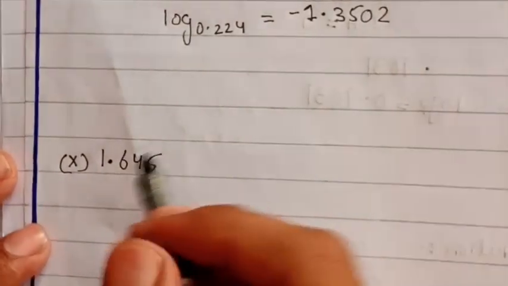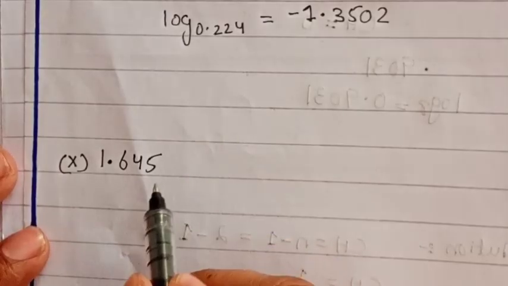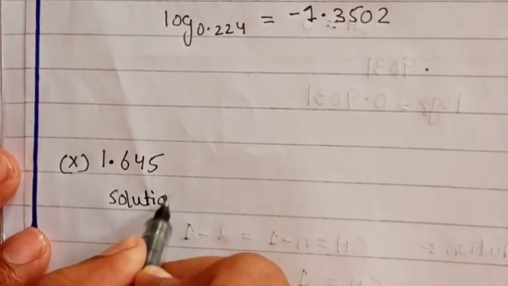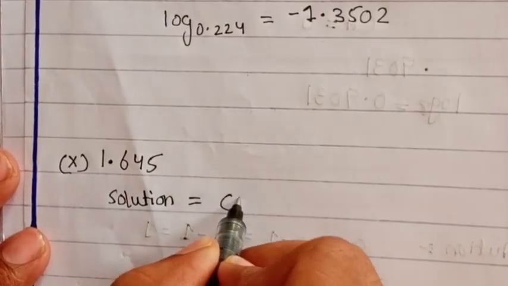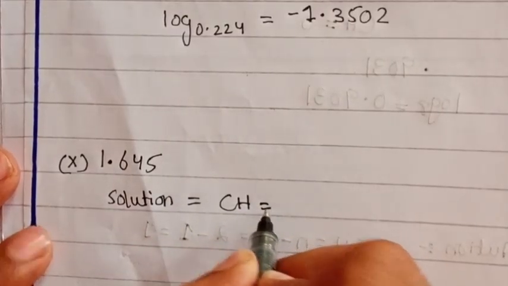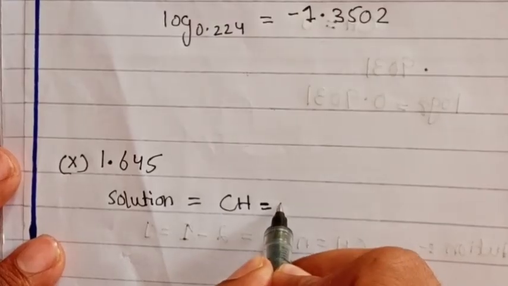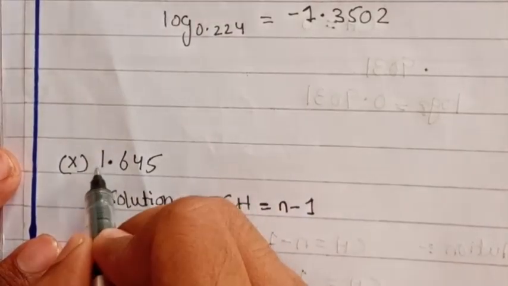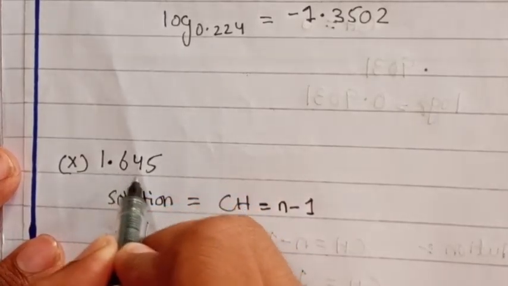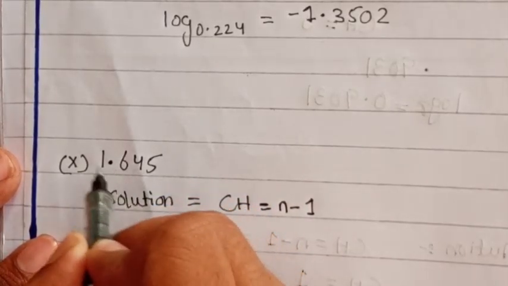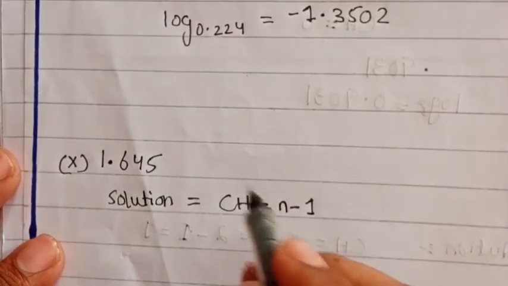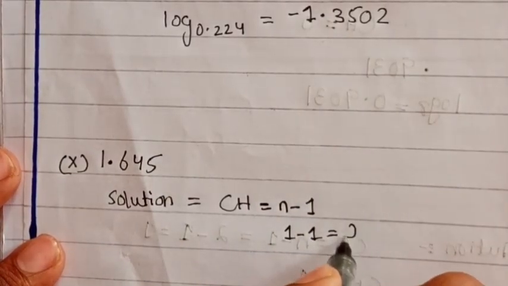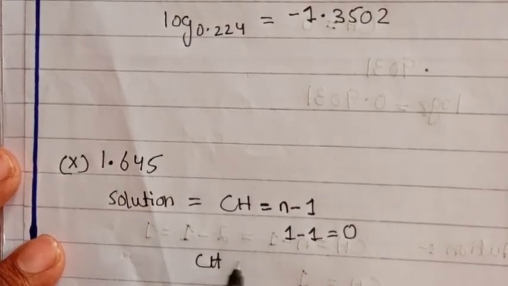Come to another question, that is 1.645. The first step is I am supposed to find out its characteristic. So how do you find out the characteristic? n minus 1, where n is the number of digits before the point. You cannot consider the numbers after the point, so the number of digits is 1. 1 minus 1 is equal to 0. So my characteristic is 0.